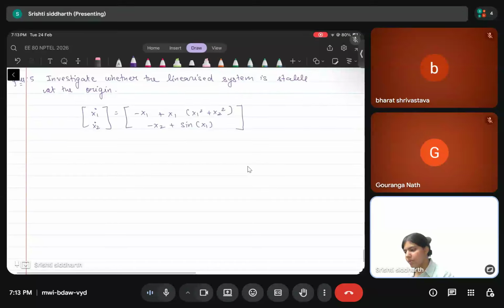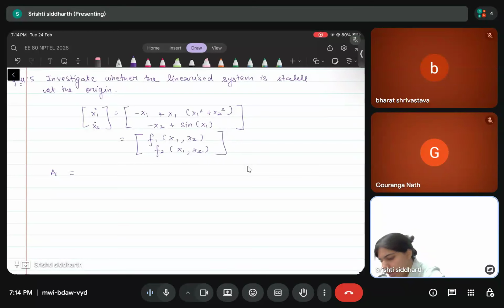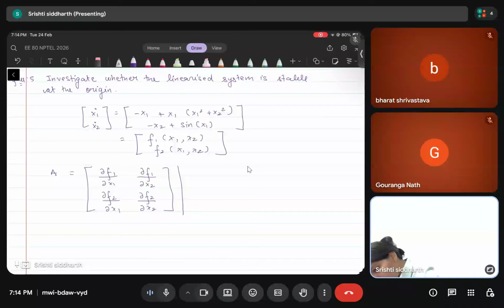So to linearize the system, let's say this is f1(x1, x2). The linear system would be, I'm denoting the matrix as A, the matrix of del f1 by del x1 and so on. This is the Jacobian, evaluated at the origin.